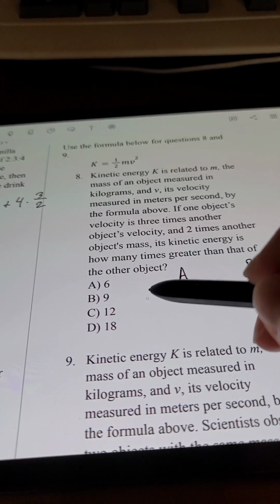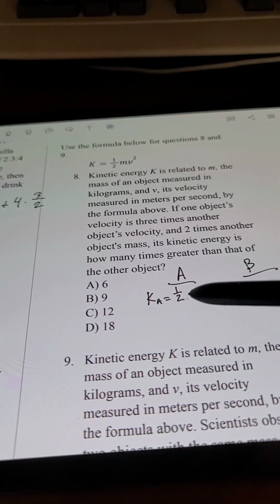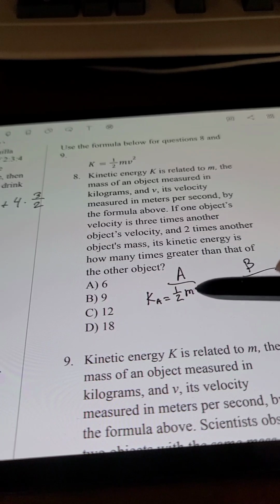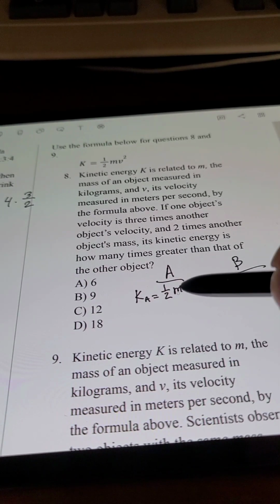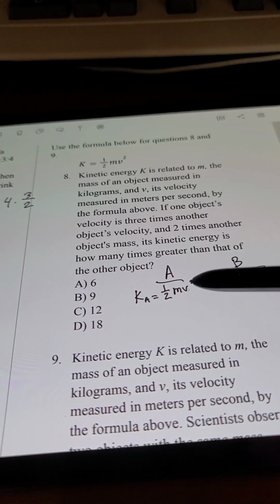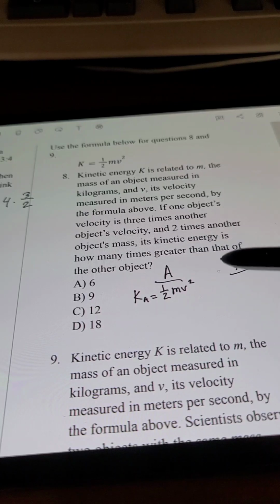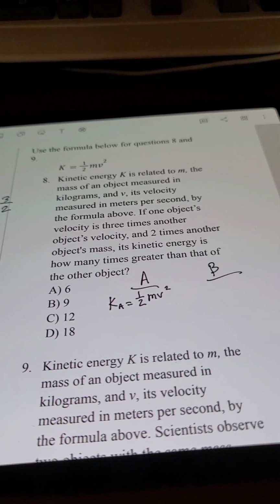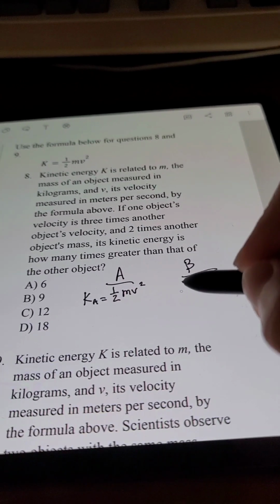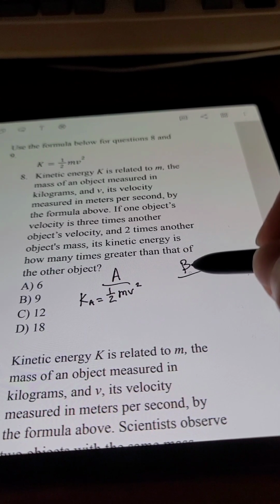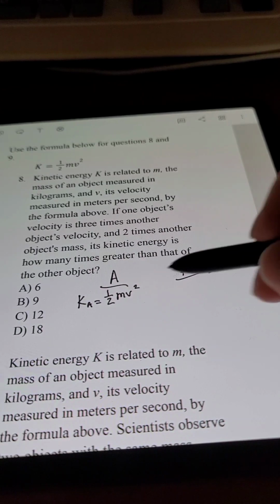So I'm just going to say that the kinetic energy for A is equal to 1/2 of the mass times the velocity squared. And this m and this v are going to be just for the A object, because remember, we're going to have a different mass and velocity over here, so I just want to specify that. So for object B, we know that its velocity is 3 times the other's velocity.